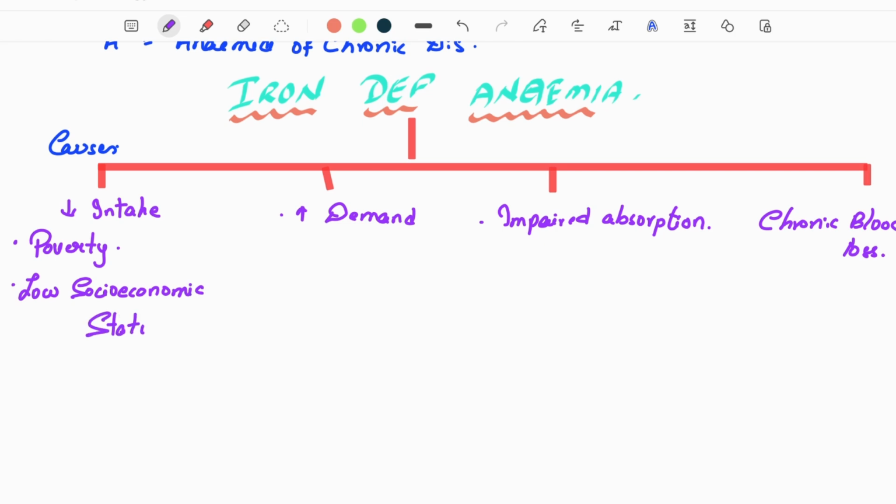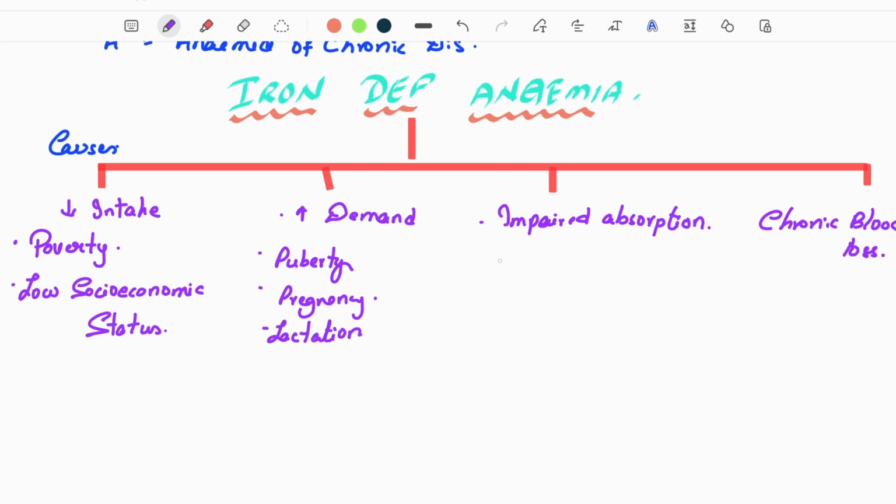The both may be same sometimes. Next one is high demand. There are situations in which we need more amount of iron. They are puberty. We know the person will be in growing stage, so he needs more amount of iron to satisfy his need. Next one is pregnancy. Next one is lactation.